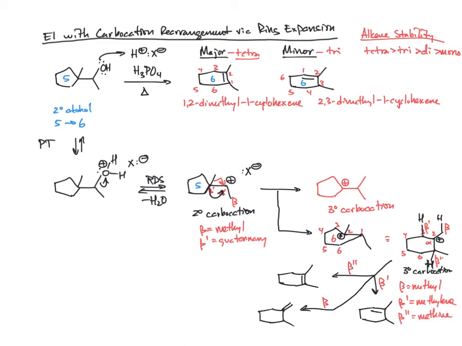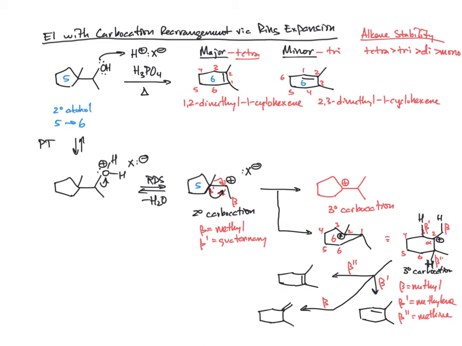And so the reason we don't see that as a product is because if you count 1, 2, this is di-substituted. The tetrasubstituted is going to win over the tri-substituted, and this probably won't be formed in any appreciable amount because it's di-substituted according to our trend here.